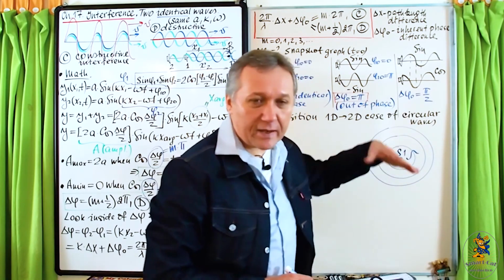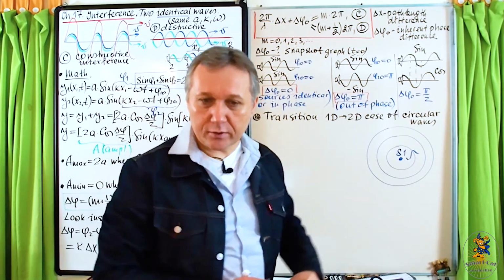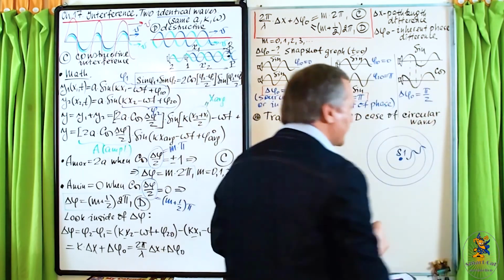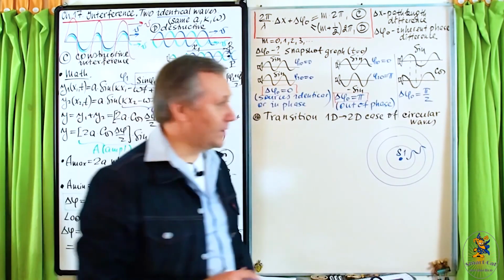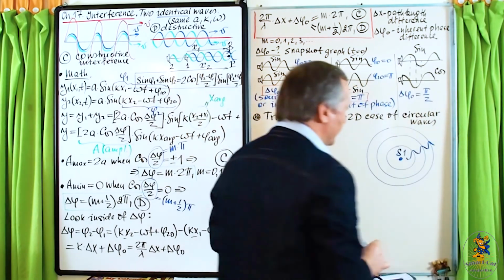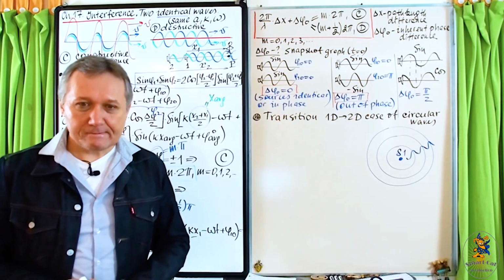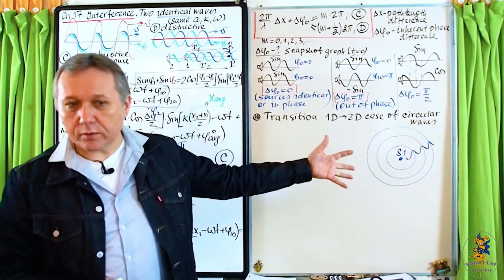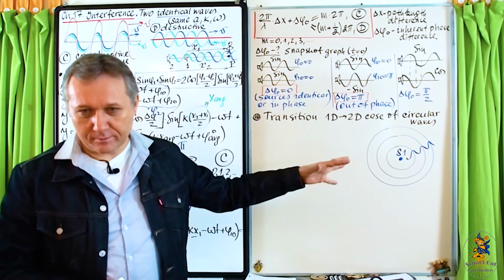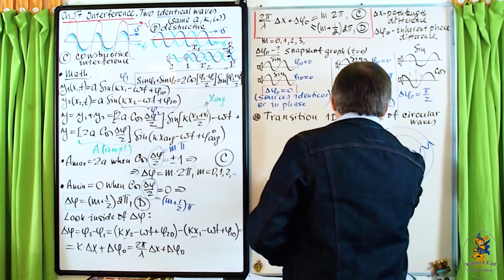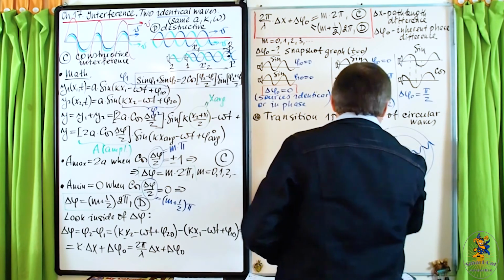Then between the lines, it goes into a trough. Then again, at the next line, we have a crest. Then again, between lines, it's a trough, and then again crest. So these lines, collection of crests, are called wave fronts.